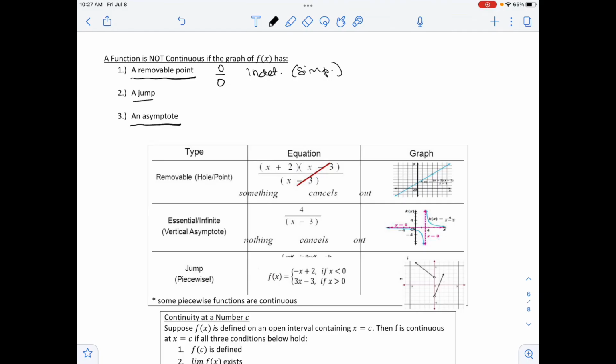A jump is going to be from usually a piecewise function. So from a piecewise function, this would be where the left and the right side limits are not equal. And then an asymptote, again, is where you have a number divided by 0, and you can't simplify.